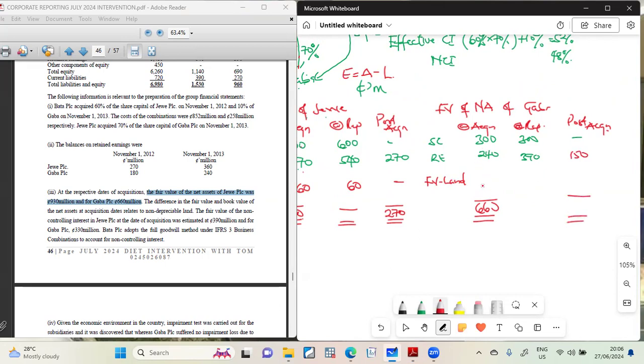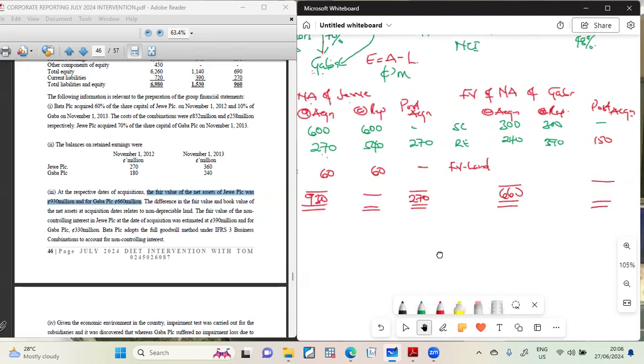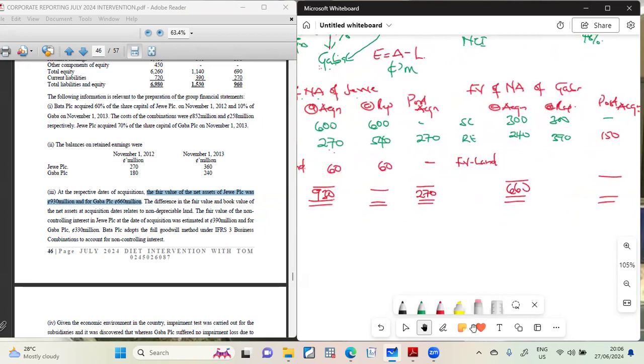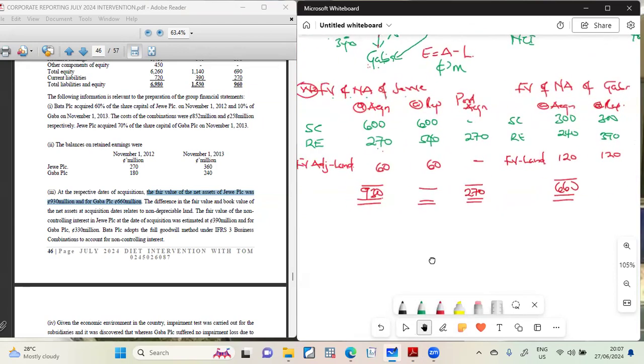What is the difference, please? 120. So 120. So you are done. You know that you will be sharing these things. So that is your workings 2.